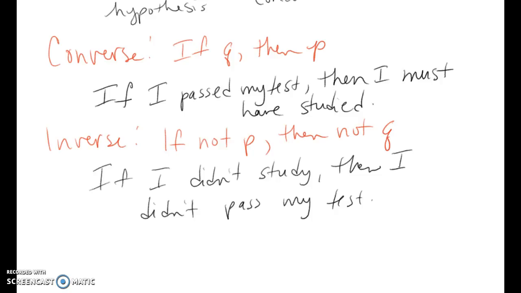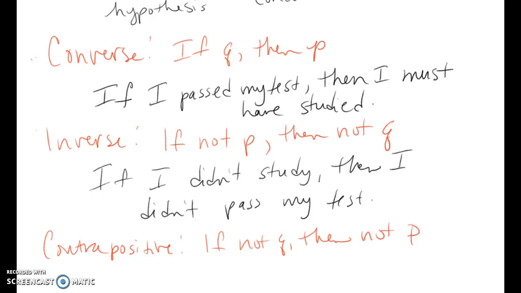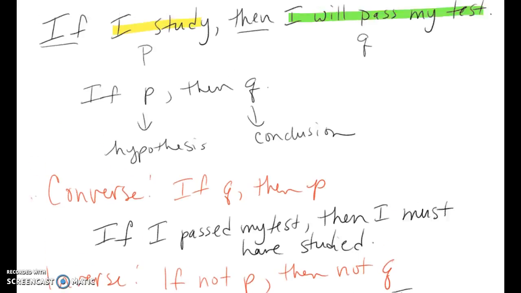Our last one that we're going to talk about is called the contrapositive. A contrapositive is going to be a combination of these two above. So we're going to flip the statement, but we are also going to negate it. So if not Q, then not P. I've got to take the original statement, flip it around, and make it negative.